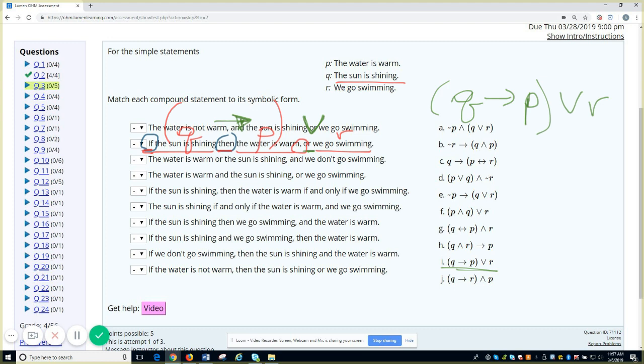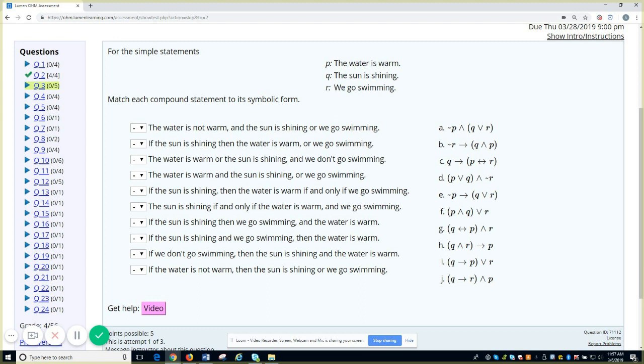All right, let's just do one more. Okay, so this third sentence says, the water is warm, so that's P. The sun is shining, so that's Q. We don't go swimming, so that's a negated R. And they're connected.